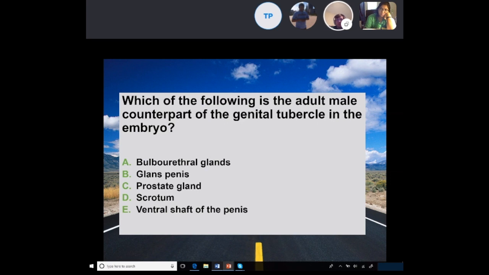Okay, which of the following is the adult male counterpart of the genital tubercle in the embryo? B. Glans penis is correct. What if I said urogenital sinus?